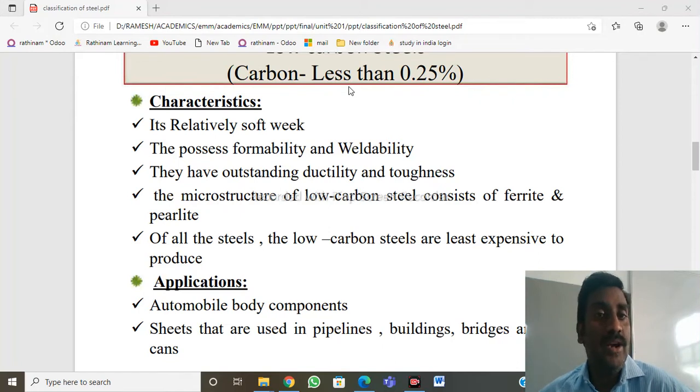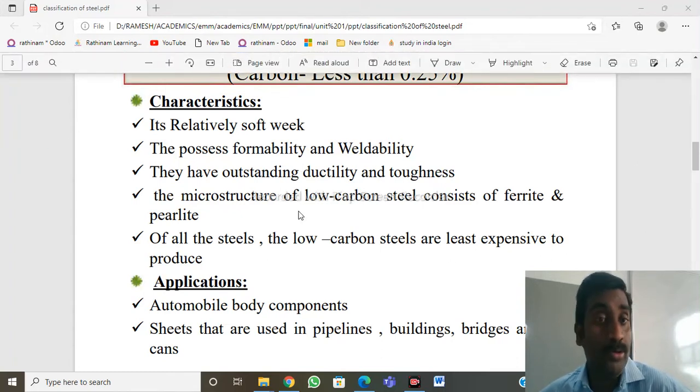If the carbon percentage is low, the material is weaker and the softest. It has good formability and weldability. It is easy to form into different shapes because it doesn't have much strength. Weldability is high, with outstanding ductility and toughness.